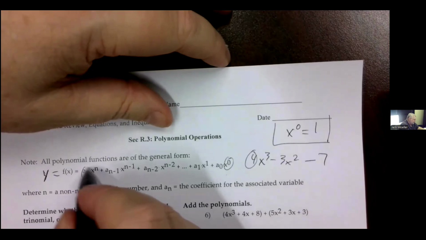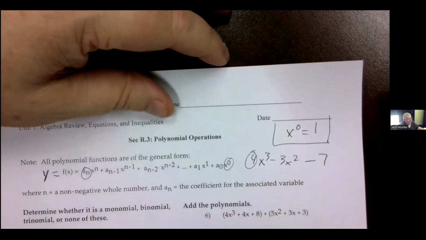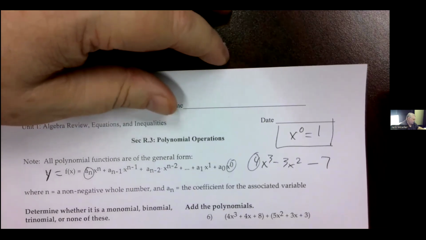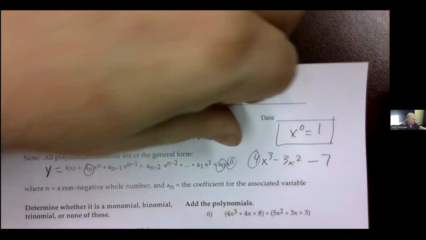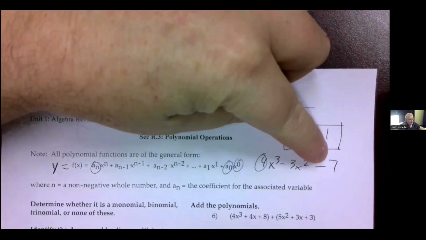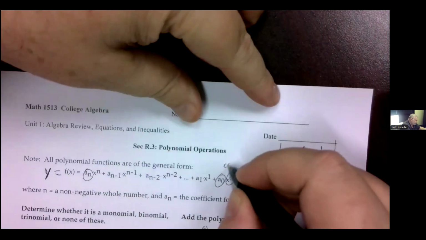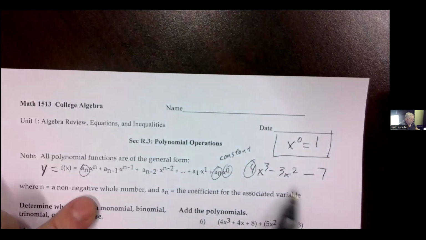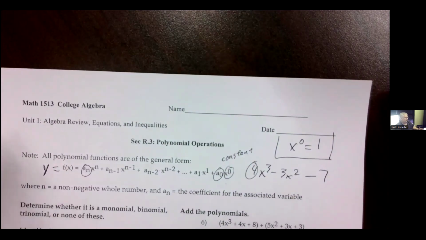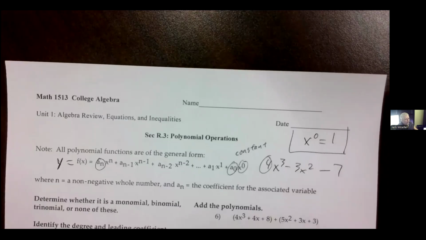That a sub n is what we call the leading coefficient. We'll talk more about that here in a sec. And then a sub 0, if you don't have an x, like that minus 7, what do we call that term? That is the constant. All the rest of them are just the coefficients in between the leading term and the constant.